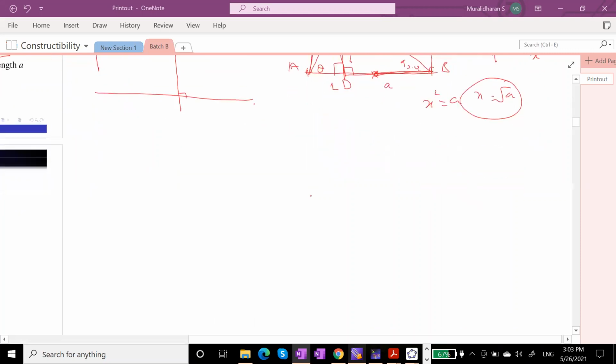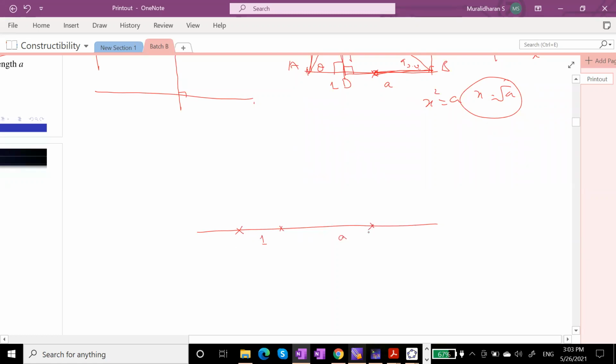Okay, let me repeat it again. What I do is I just draw a big line. In that I take one point. I mark 1 here, and from this I mark A. Both are given, let us say. Now I bisect. Suppose I call this A and B. I bisect this segment at D. Then draw the circle with D as center and DA as radius.